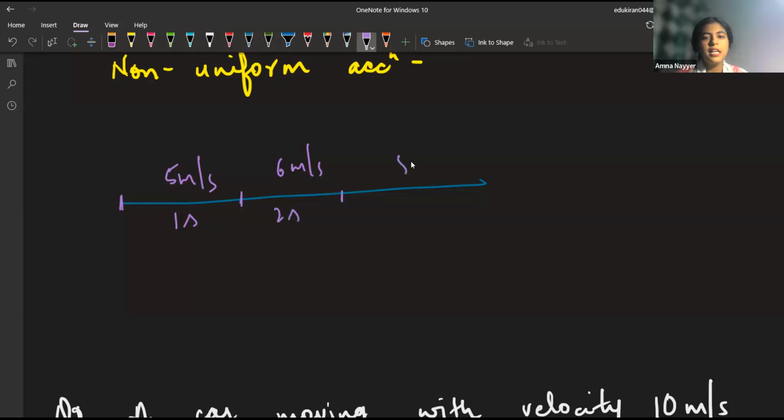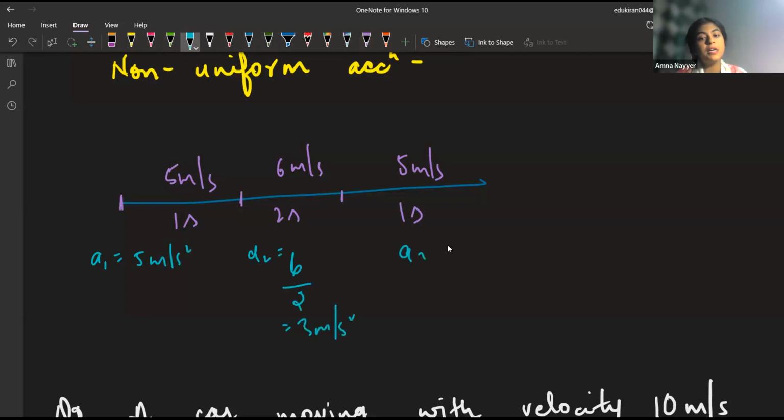Then here speed again becomes 5 meter per second, but time becomes, let's say, again 1 second. So what has happened here? Initially it is 5 meter per second square. Then A2 becomes speed by time, that is 3 meter per second square. Then again it is back to 5 meter per second square. So do you see this irregularity? That is what we call non-uniform acceleration.